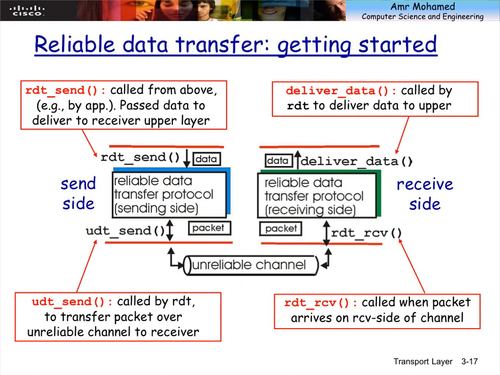So here you have reliable data transfer send, and this is supposed to be an interrupt that the application layer gives to you. So in the application layer, there is a buffer, and the application layer will say, okay, I have some data to send. This is actually sent as an interrupt to the transport layer protocol.